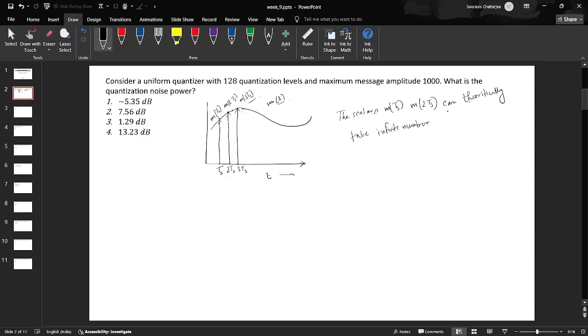We have shown last time that if one sample can take infinite number of values, to represent it to an infinitesimal precision you need infinite number of bits, and that you cannot afford, because the resources you have in terms of number of bits you can store in memory and the number of bits you can transmit, both are finite and limited. So that is where quantization comes into the picture.